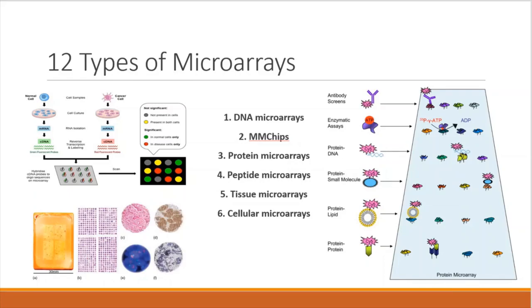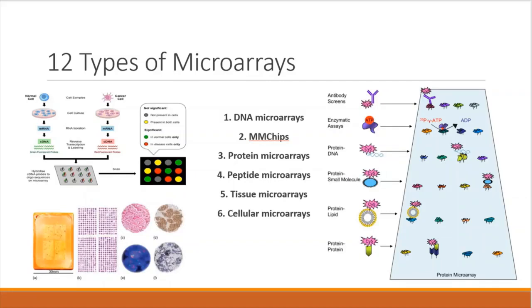So you can compare them and see, if there's a disease in this protein, how does that compare to normal protein, and then how can you detect it better in other people, and then treat it better. You have peptide microarrays, which is analysis of protein-protein interactions.